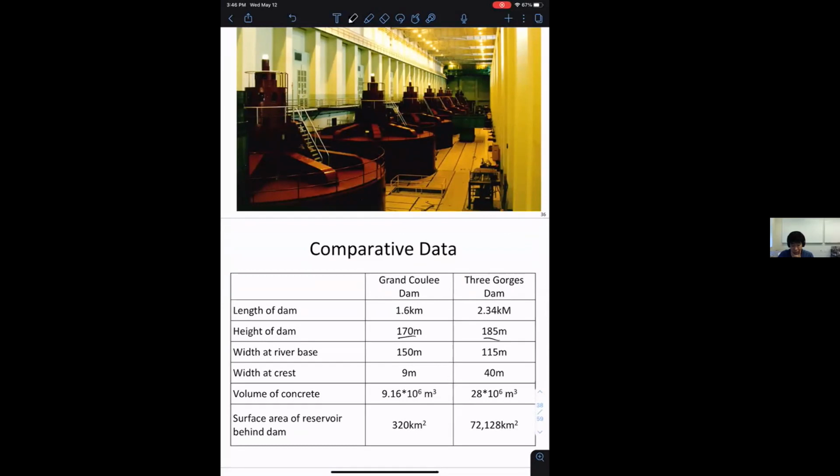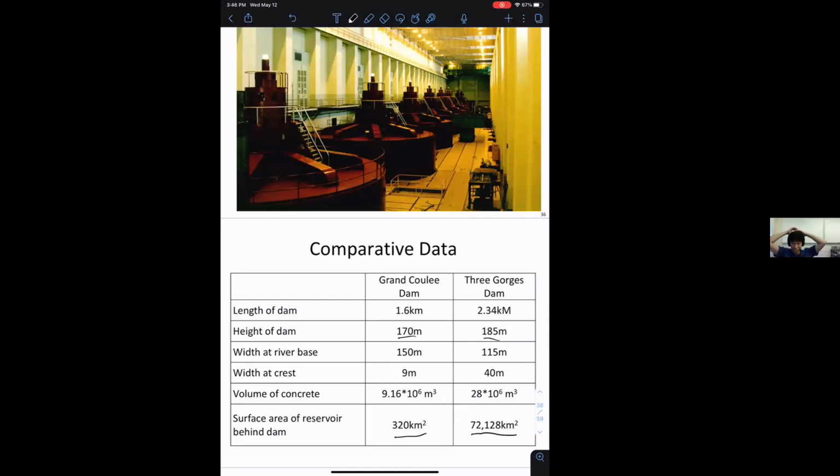The difference is that the reservoir behind Three Gorges is much, much larger than the reservoir behind Grand Coulee. When people built Three Gorges, they built a huge reservoir, and as a judgment of size, it's much larger.